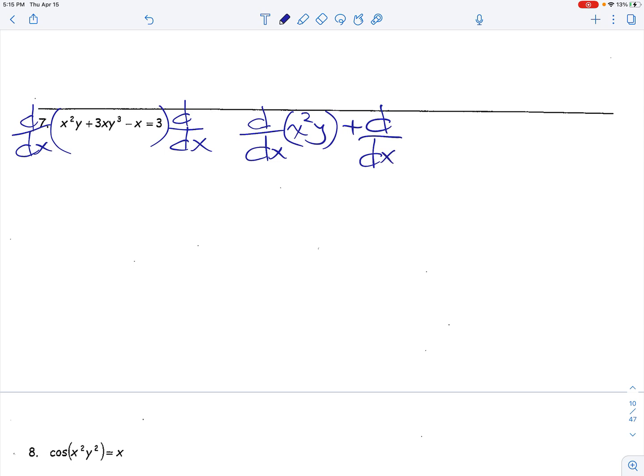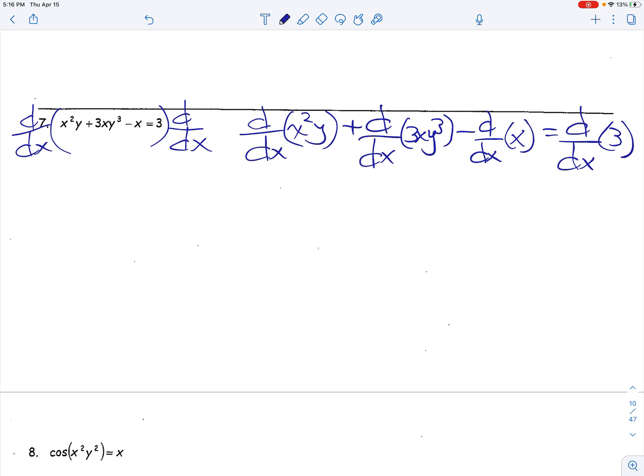Got to take the derivative of x squared y, x squared times y, right? Plus the derivative of 3x times y cubed minus the derivative of x is going to equal the derivative of 3.